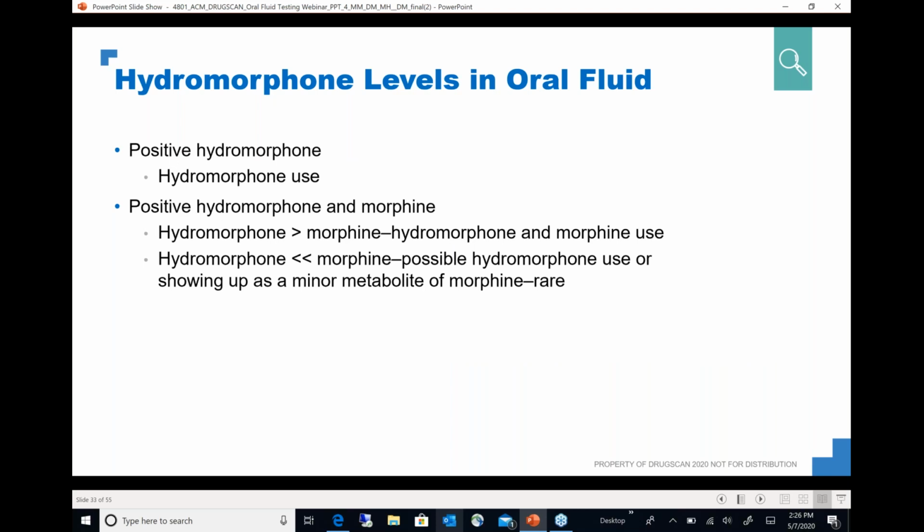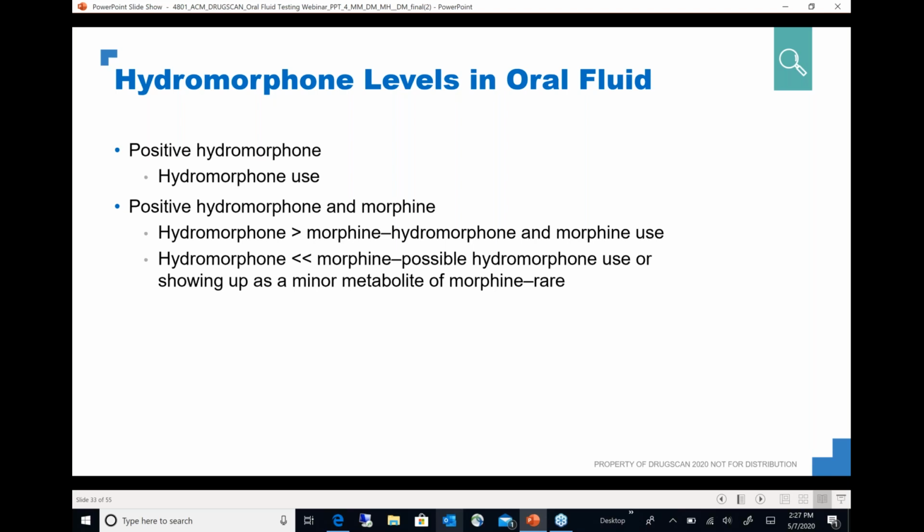Hydromorphone levels in oral fluid. If the hydromorphone is positive, it's indicative of hydromorphone use. If we see positive hydromorphone and morphine being present in the oral fluid results, hydromorphone greater than morphine, that's indicative of both hydromorphone and morphine ingestion, because hydromorphone does not metabolize to morphine.